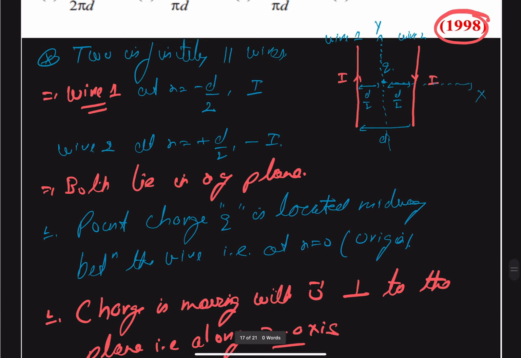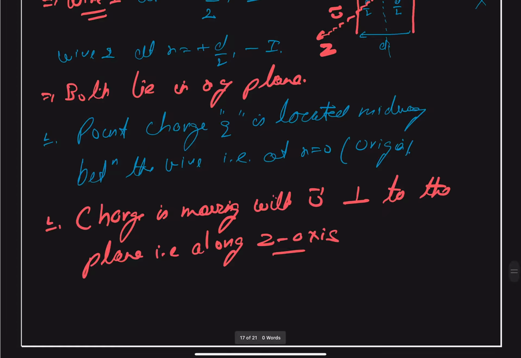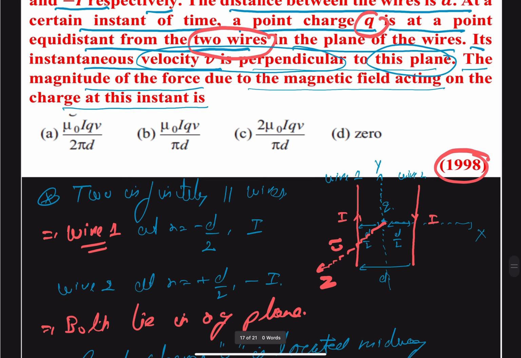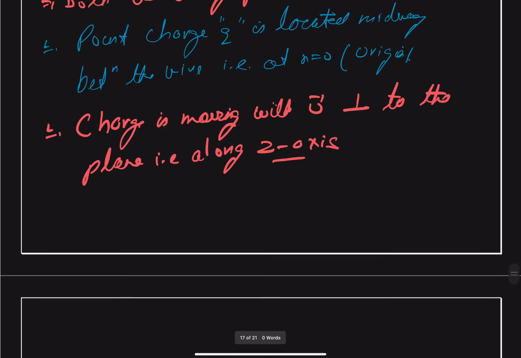So we have a velocity vector, and that velocity vector is along the z-axis. So this is z, and along this we have a velocity vector. We need to find the magnetic field acting on the charge, and the charge is at the origin. So we need to find the magnetic field at the origin.